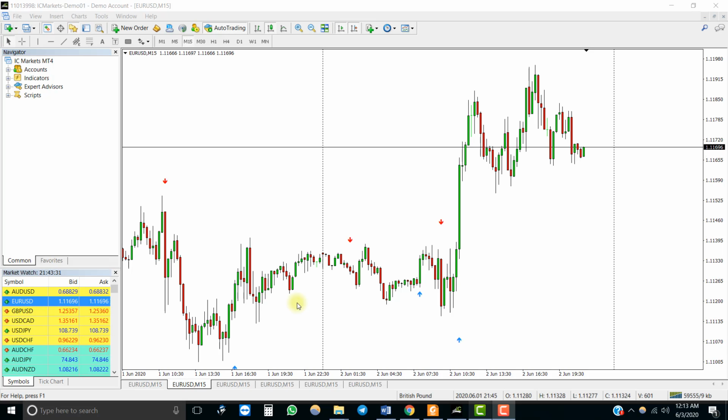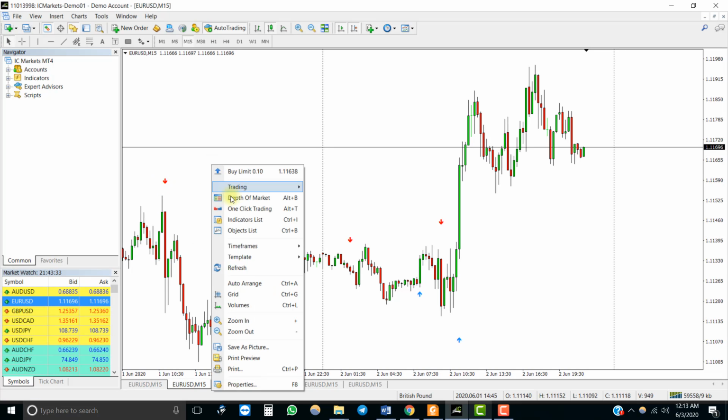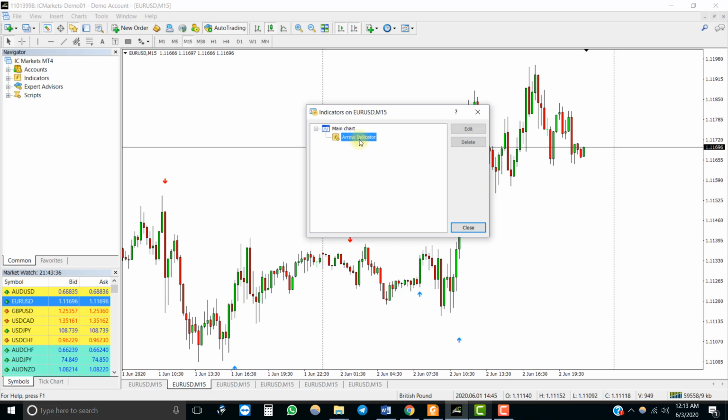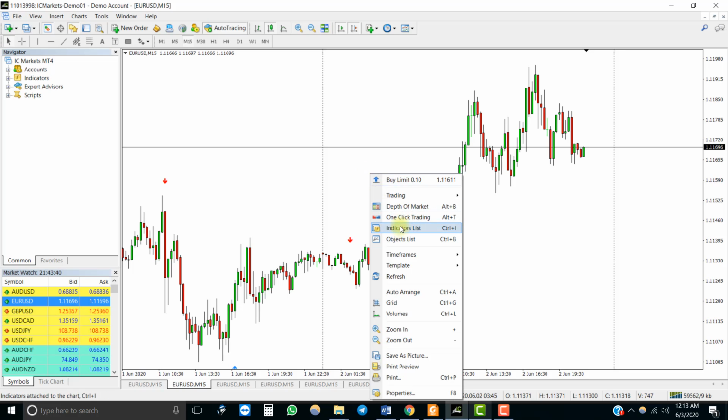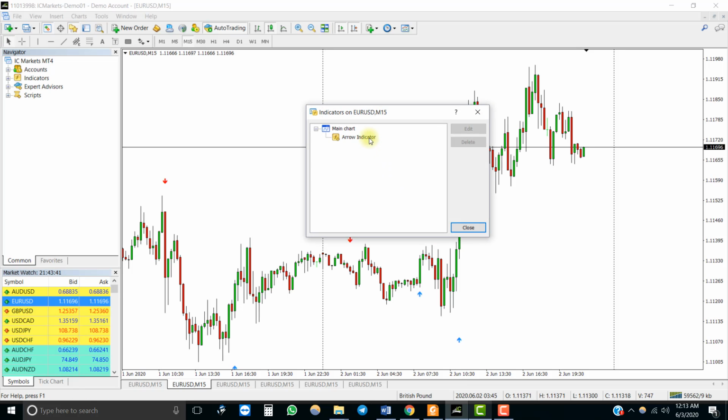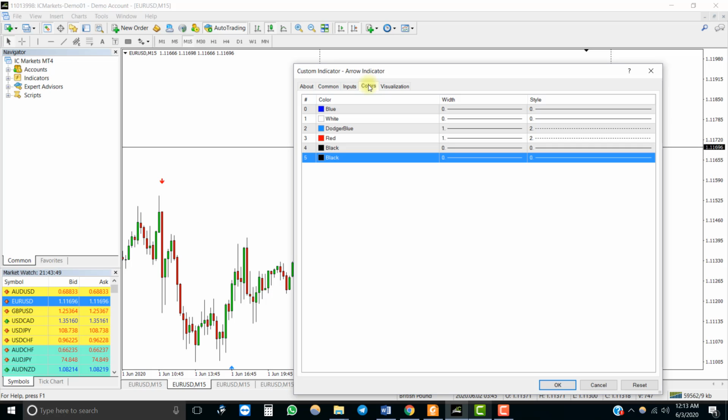Now let's look at this indicator. It has arrow signs for buy and sell signal. If you look at the indicator settings colors tab, you will notice that you can change the colors of the arrow signs.